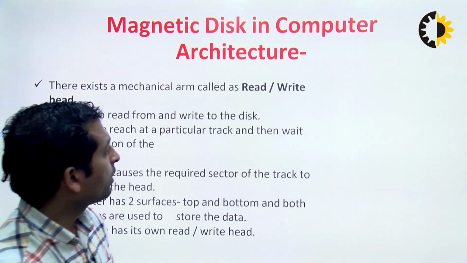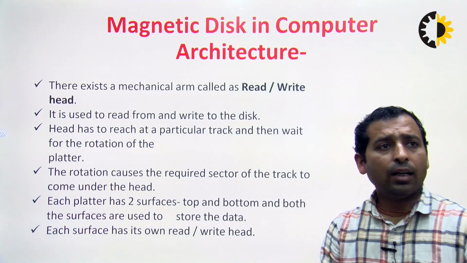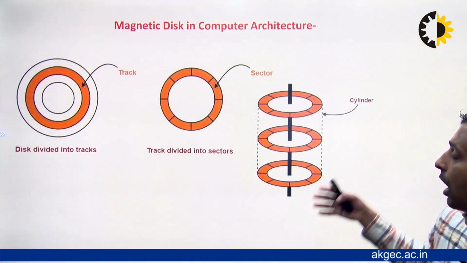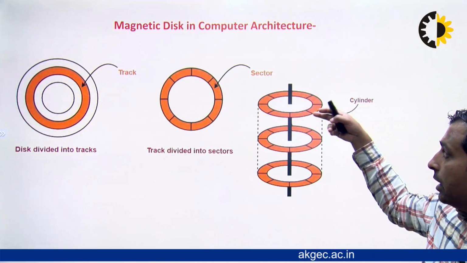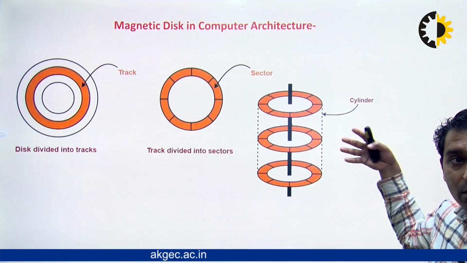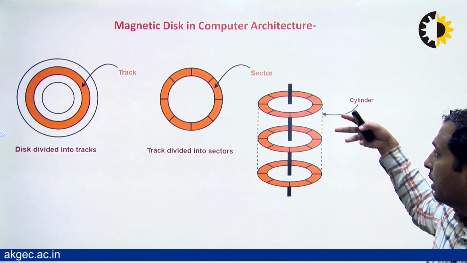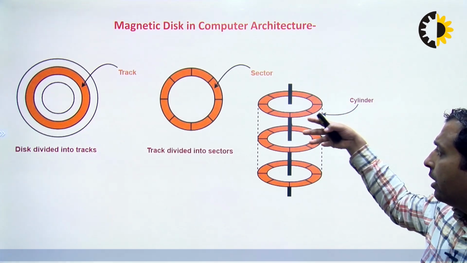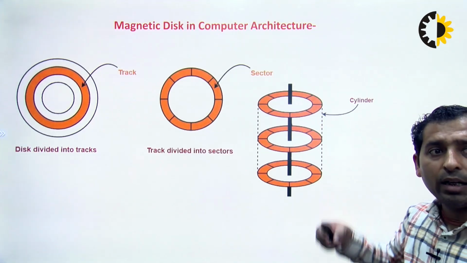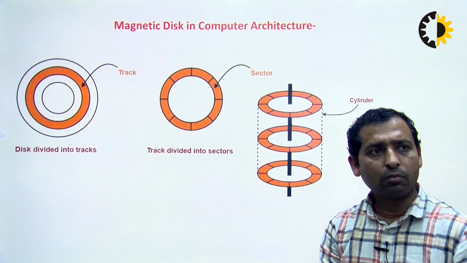First, there exists a mechanical arm that is called the read-write head. Now, how to read or write on these platters? The mechanism uses a read-write head, just like here, the read-write head moving forward and backward. With the help of this read-write head we can write or retrieve data from the disk.